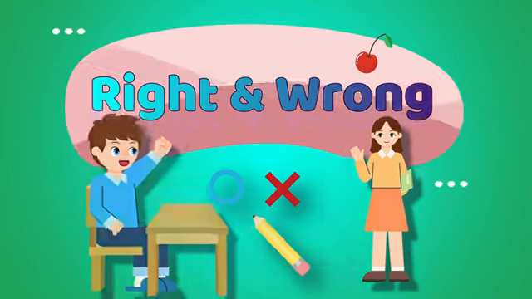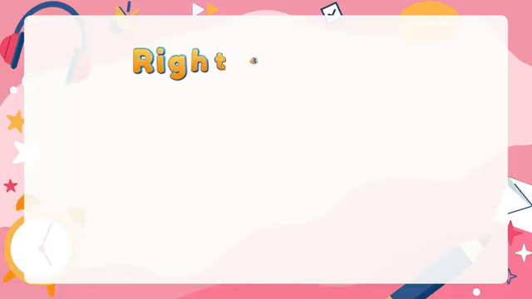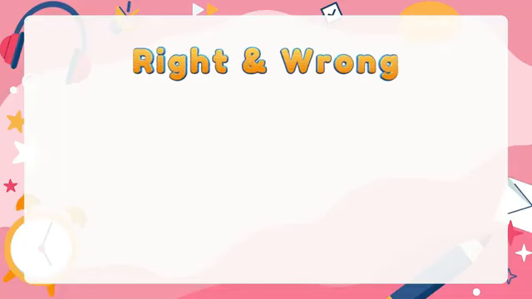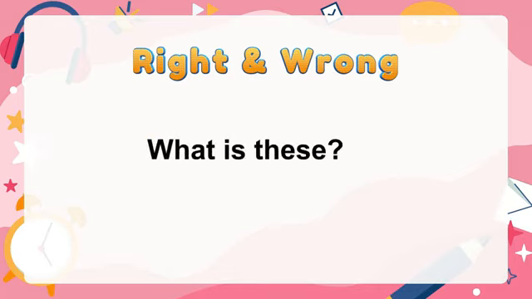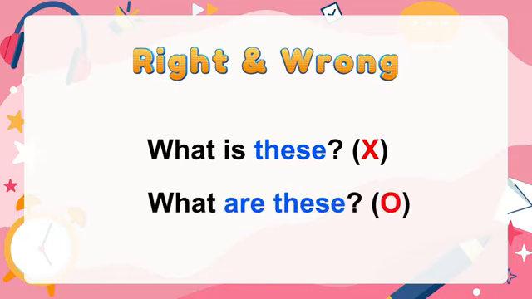Right and wrong. Now let's look at the right and wrong section. What is these? These is plural, so we use are with these. What are these?